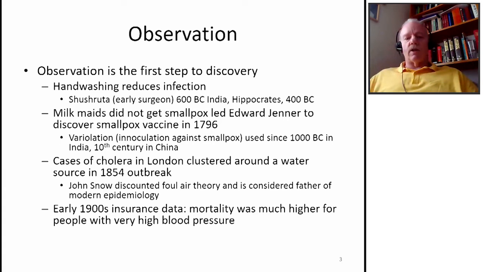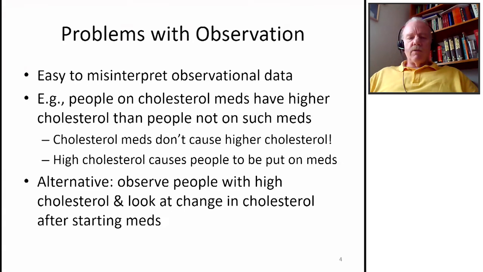Cases of cholera in London tended to cluster around a water source, and that led to John Snow discovering that the foul air theory that was present about what caused cholera was discounted after that. So, some famous examples of observation leading to discovery.